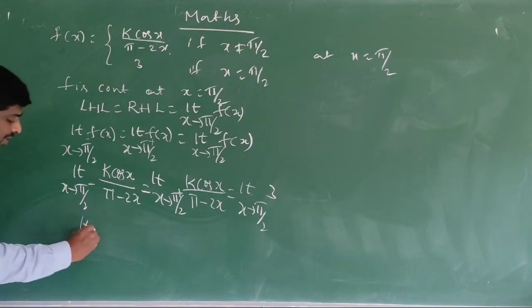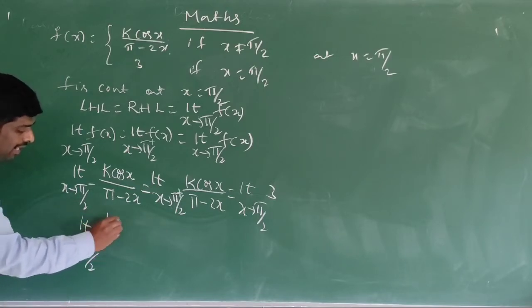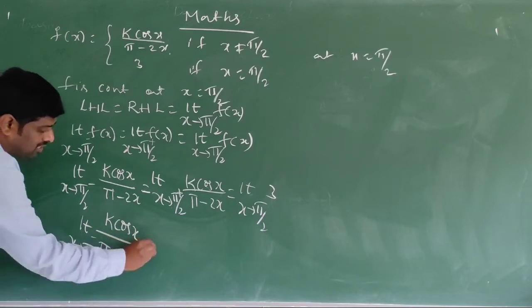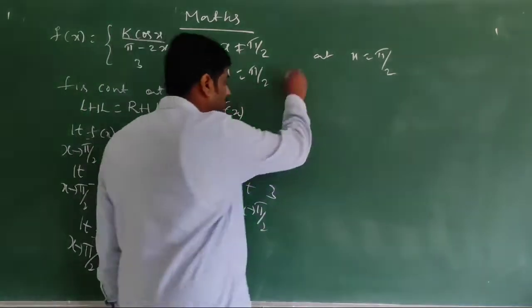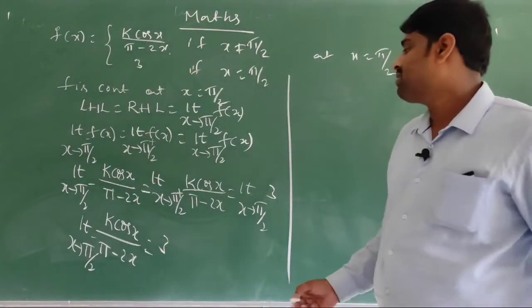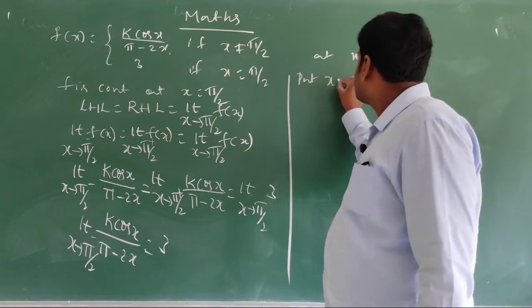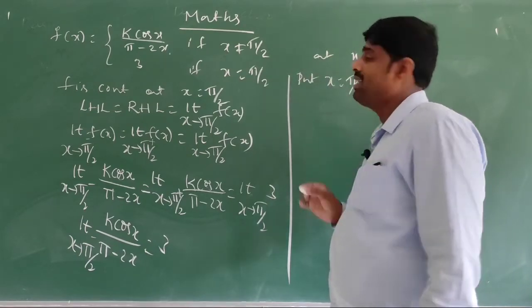These two are equal, so you take any one. That is, limit x tends to pi by 2 minus k cos x divided by pi minus 2x. The limit of a constant is the constant. Here put x is equal to pi by 2 plus h.